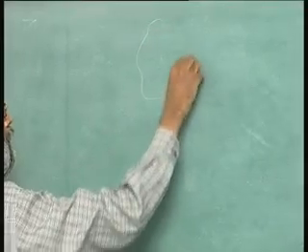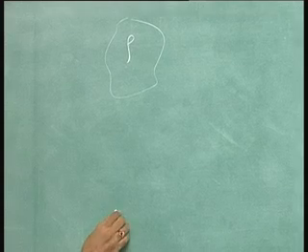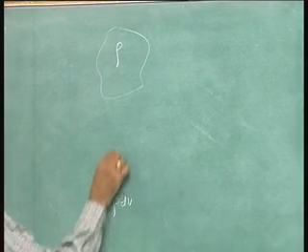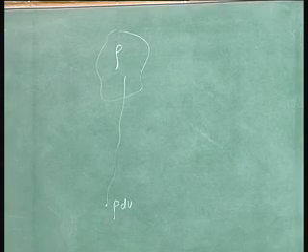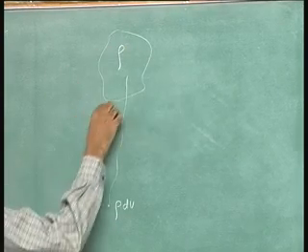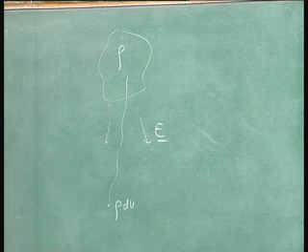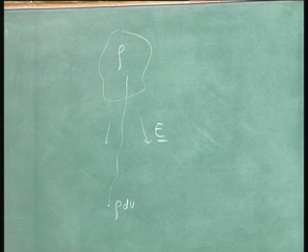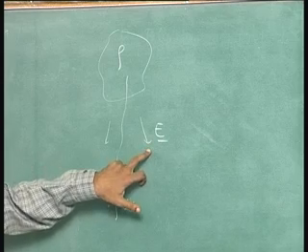any charge distribution rho and I take a little bit of charge, rho dV, and I add it to this rho. I know that because of this charge density there is an electric field, and I also know that when I push this charge from infinity to wherever it belongs, I have to do work.